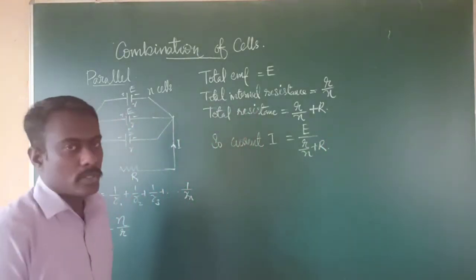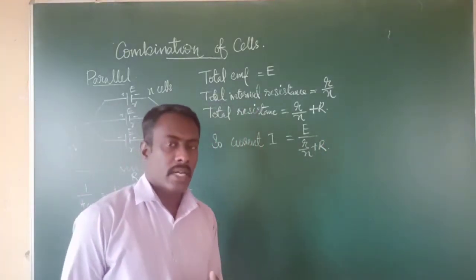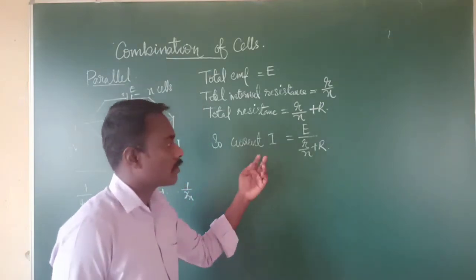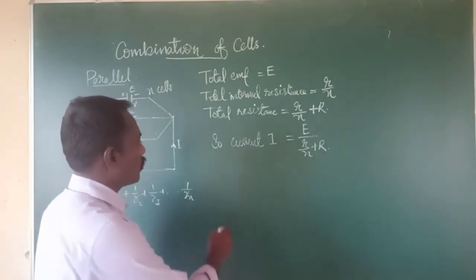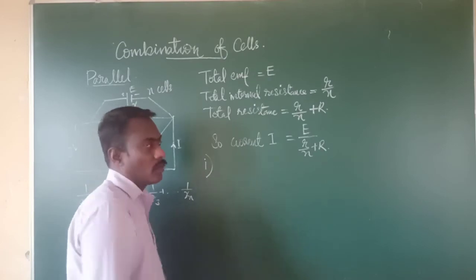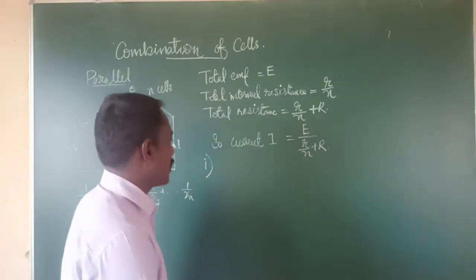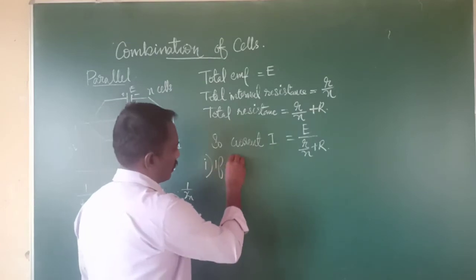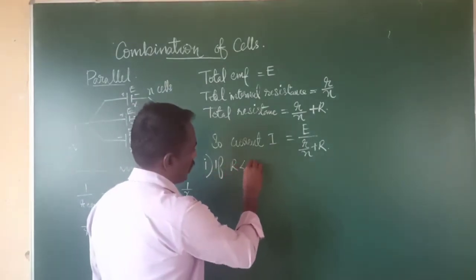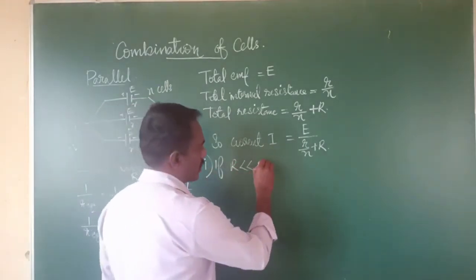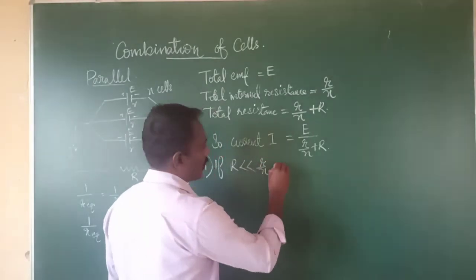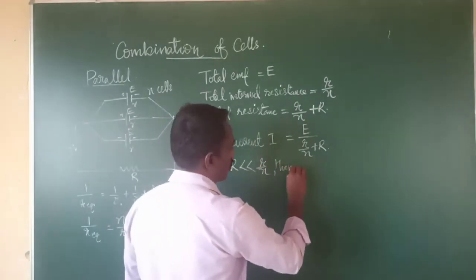Now, in order to get the maximum current flowing through the circuit, we need to consider two conditions as I said before. One, if the external resistance capital R is much lesser than the total internal resistance, that is R by N, then what happens to the equation for I?